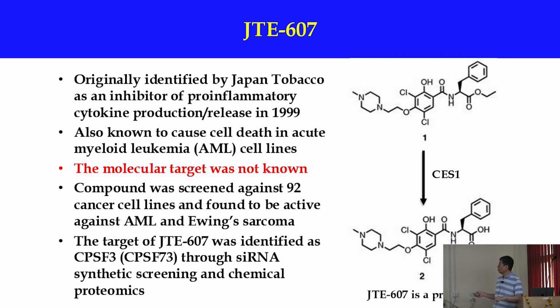Even more interestingly, if you look at this compound, on the right, you have an ester. So this compound itself is inactive. It needs to be activated by carboxyl esterase to hydrolyze the ester into an acid. The acid is the active species, the ester is not.